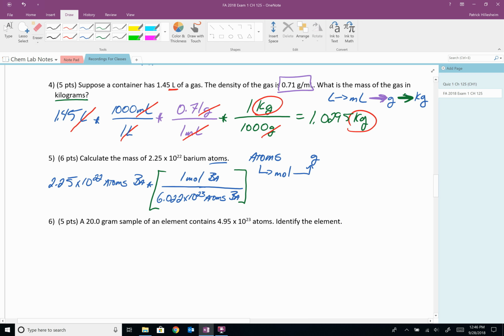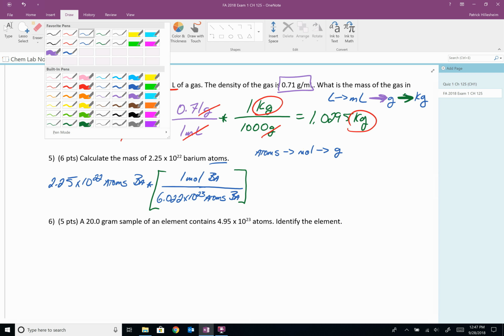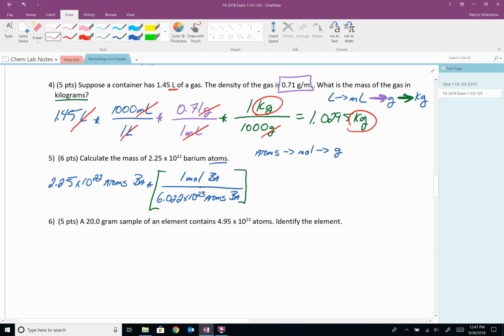Let me clean this up to give myself some space. So we're going atoms to moles and into grams. Now we take a look at the periodic table. We get the atomic weight, the atomic mass of barium, in red here.